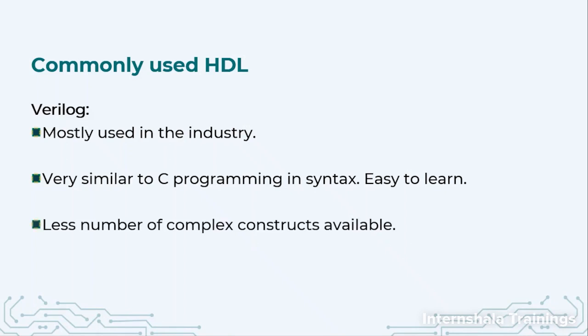This programming language has less number of programming constructs and this makes it ideal for the beginners. Without getting into the complex constructs, you can write very simple codes. So these are the properties of Verilog.